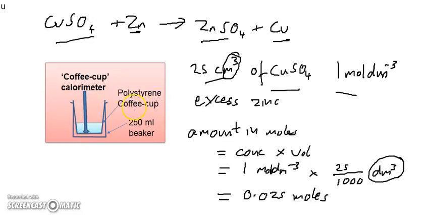Okay, so we put 25 centimeters cubed of copper sulfate in and react it completely until the temperature doesn't go up anymore. And let's say, for the sake of argument, that the temperature rise, delta T, is 30 degrees centigrade.